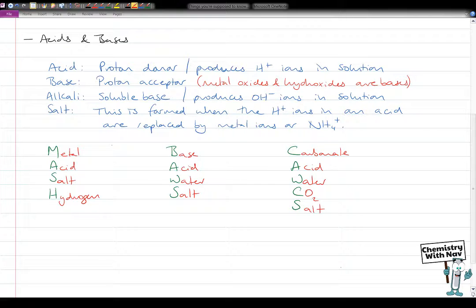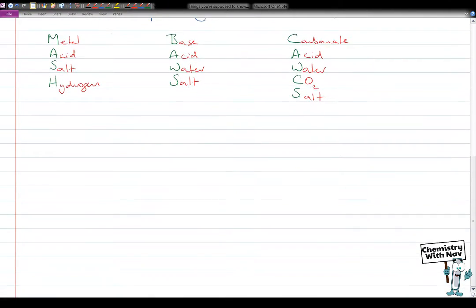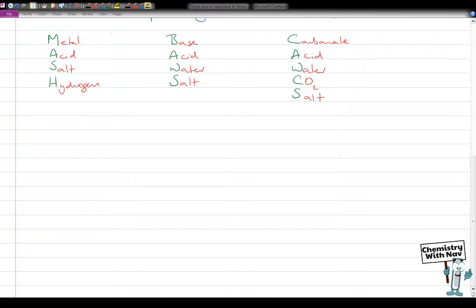So the major difference between the metal and the base is that if you use the metal you get hydrogen, and if you use a base, which is a metal oxide or a metal hydroxide, then you'll get water produced with your salt.